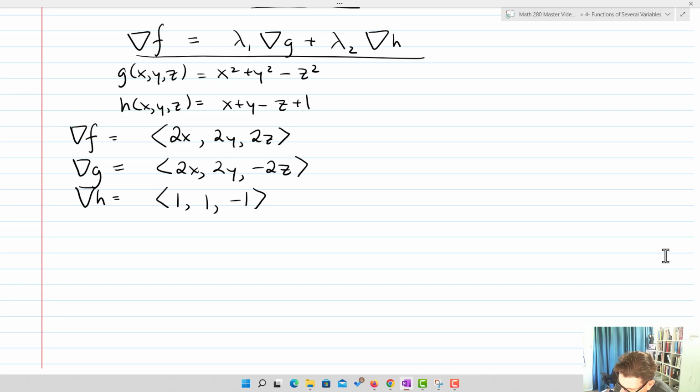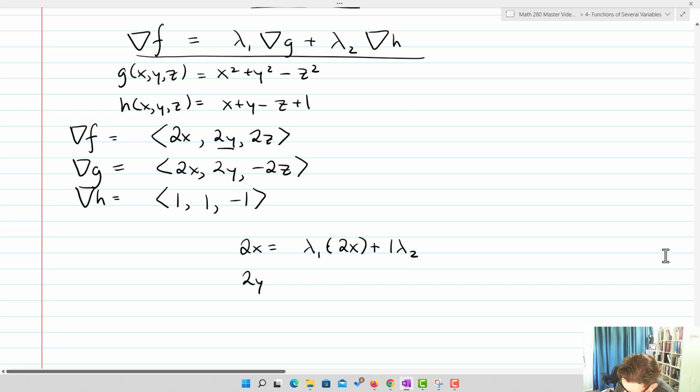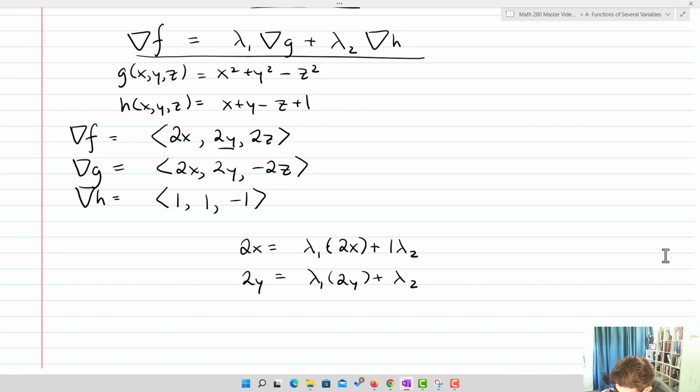Now what we'll need to do is set up our system of equations utilizing this particular function right here. So I'm going to set it up for an x, a y, and a z. So 2x is going to equal lambda 1 times 2x, plus 1 times lambda 2. 2y is going to equal lambda 1 times 2y plus lambda 2.